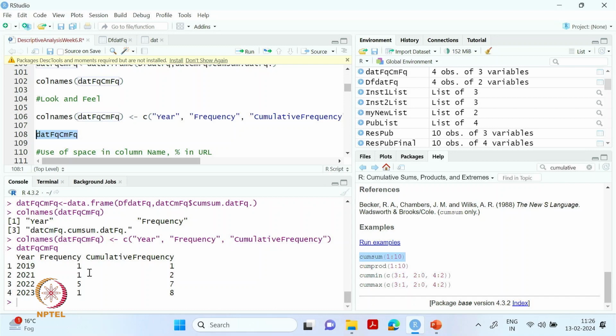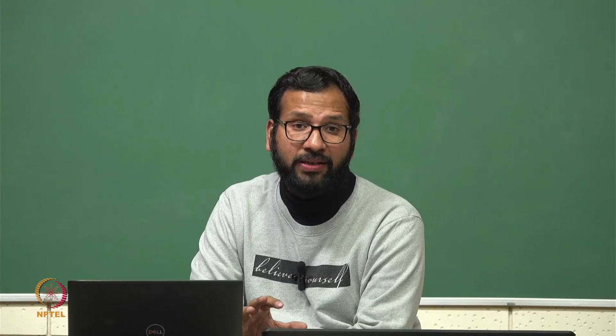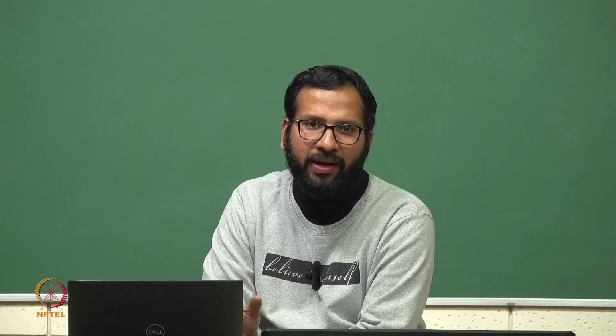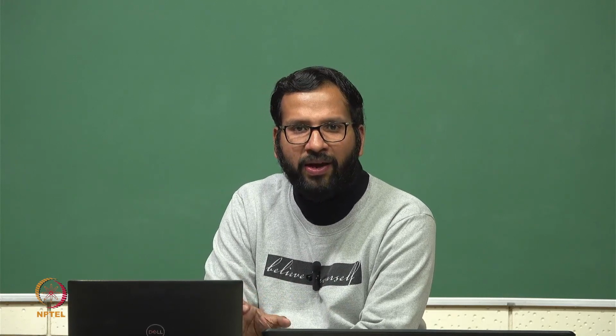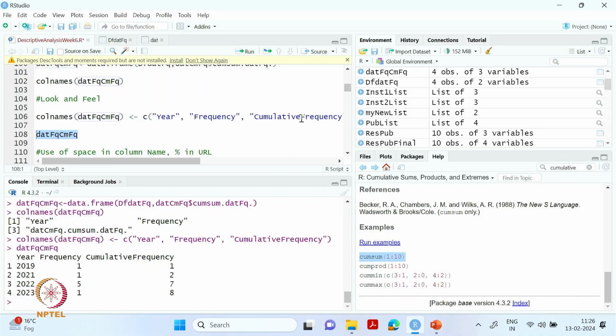So the two analyses are done, and in a similar way to how we saved the file earlier, we can save this file also using the write.csv function. As a practice assignment, I request you all to save this file with your name and share it with us in the discussion forum, okay. Now if you have noticed, I have used this camel kind of writing for giving the column name.